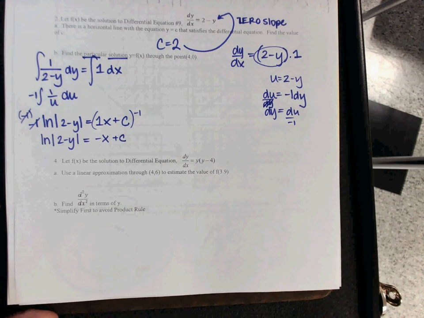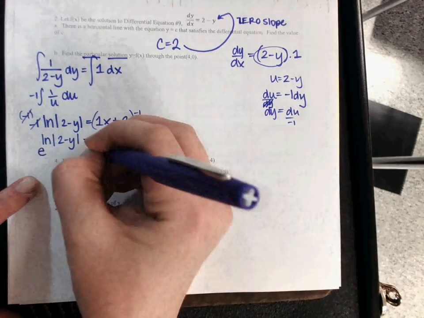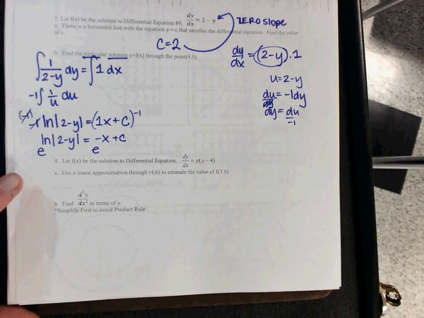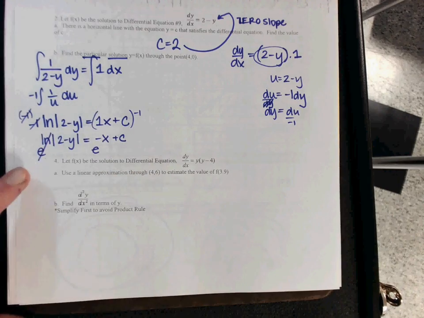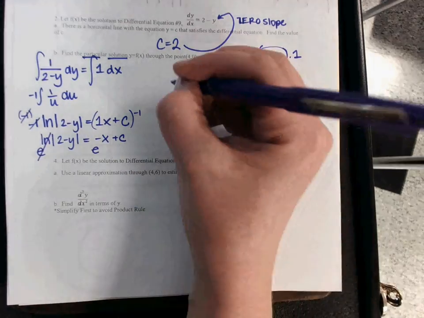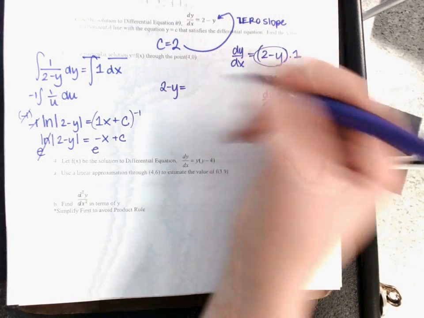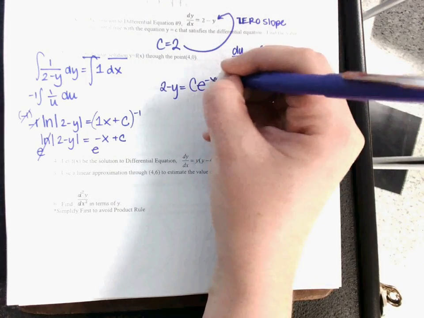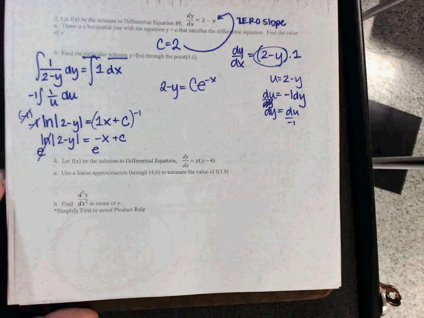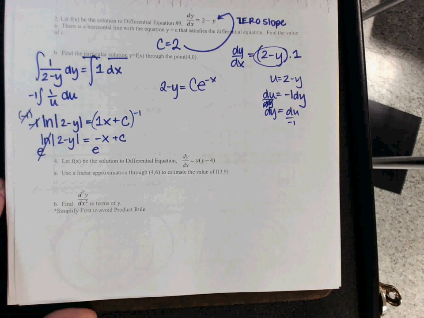Okay, that's a negative x plus c now on the other side. You can put minus c if you want, but you don't know what c is anyway. You would e both sides, right? E and ln cross out. So I have 2 minus y, c e to the minus x.